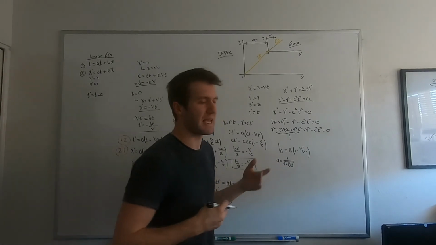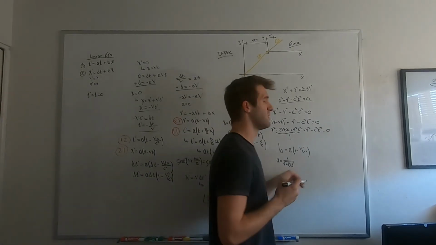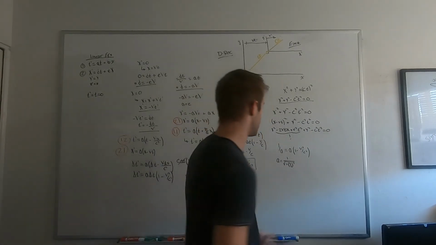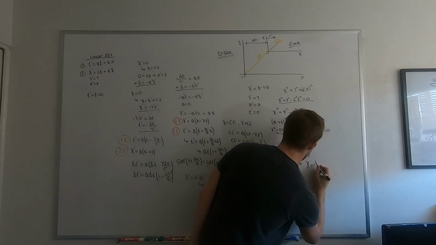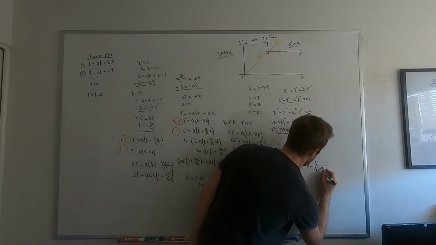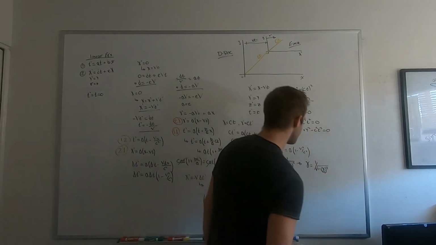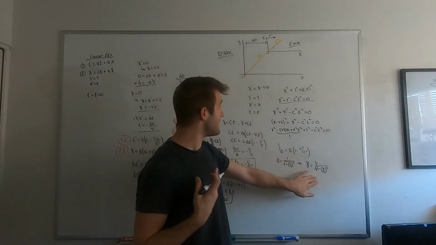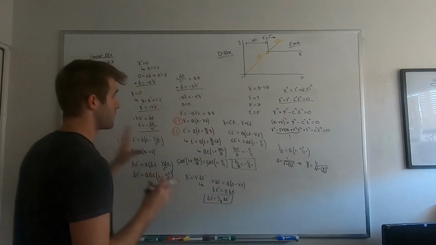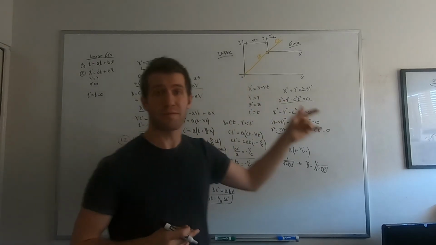This is a special term known as the gamma factor, denoted with gamma, which is equal to 1 over the square root of 1 minus v squared over c squared.